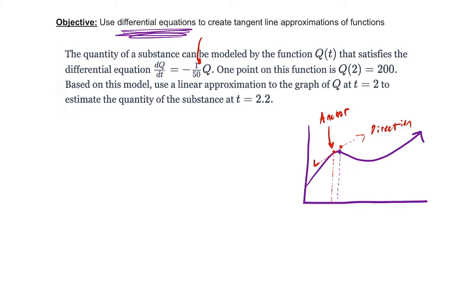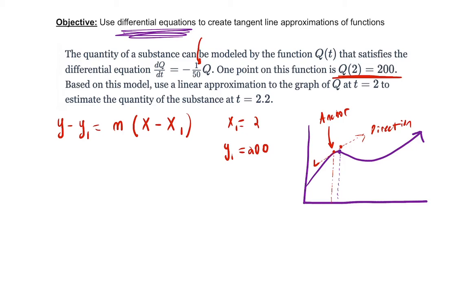Okay, so here's the basic way that these problems work. We want to write an equation in point slope form. y minus y1 equals m times x minus x1. Well, we actually already have x1 and y1. x1 equals 2, y1 equals 200. They told us that when x is 2, y is 200.